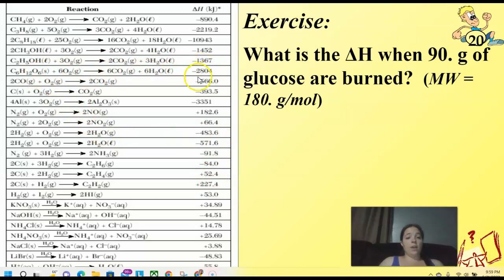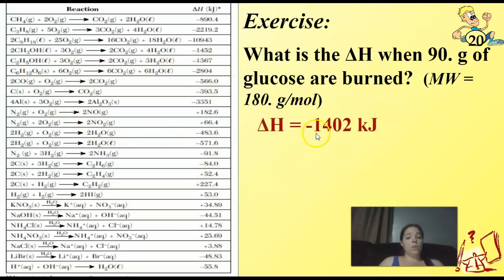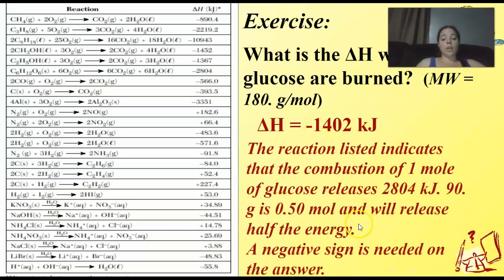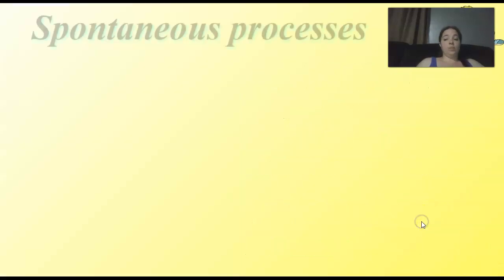Half is negative 1402 kilojoules. Keep the negative. Don't ever get rid of it. Again, right here, the reaction listed indicates the combustion of 1 mole of glucose releases 2,804 kilojoules. It's negative, by the way, it's released. So 90 grams is half a mole, which will release half the energy. Negative sign is needed on the answer.